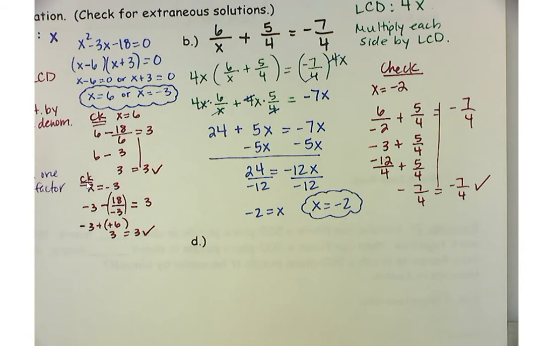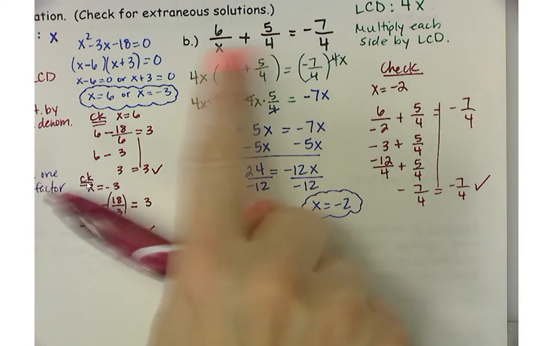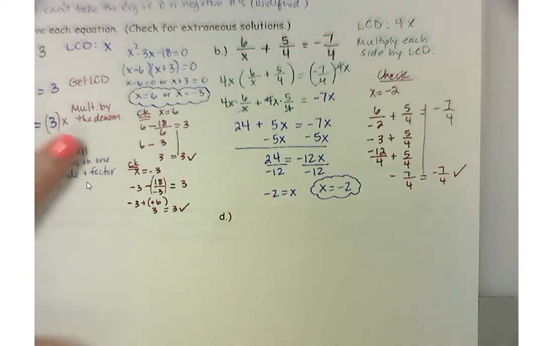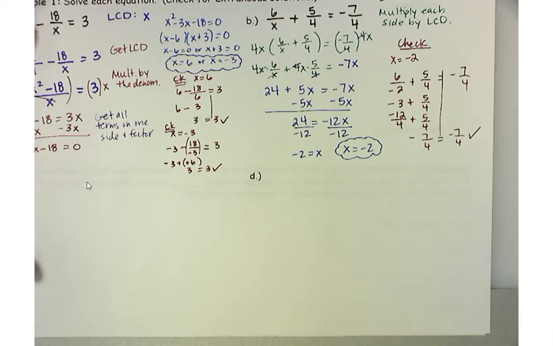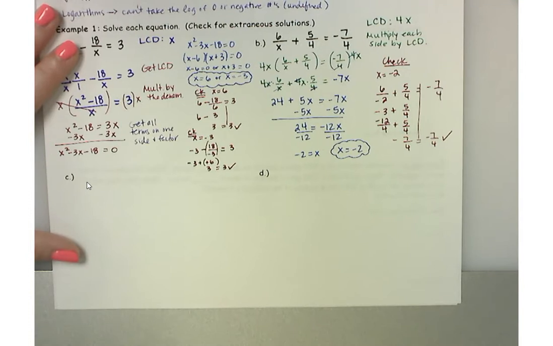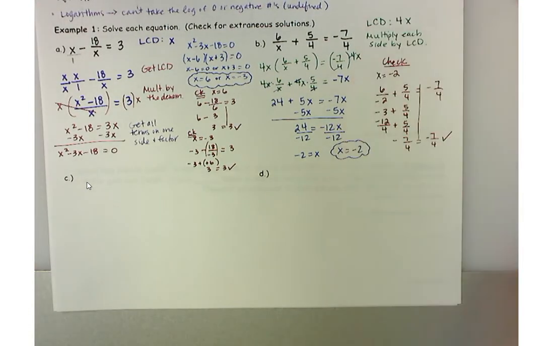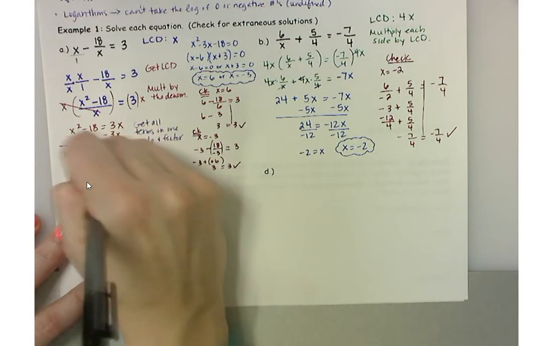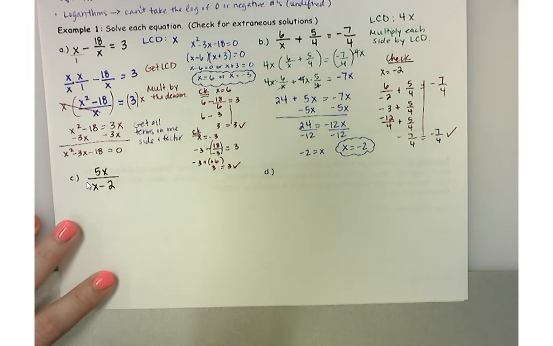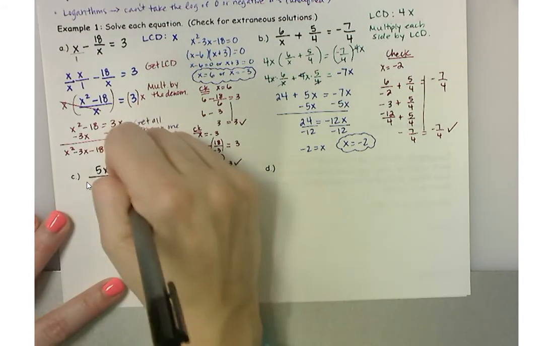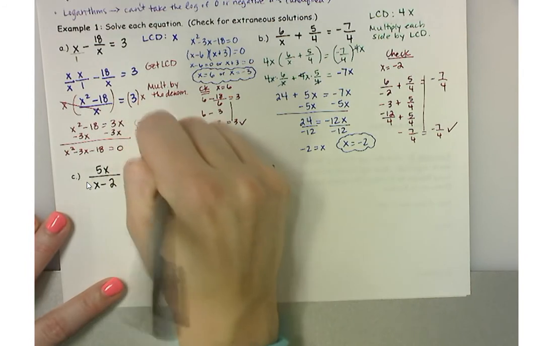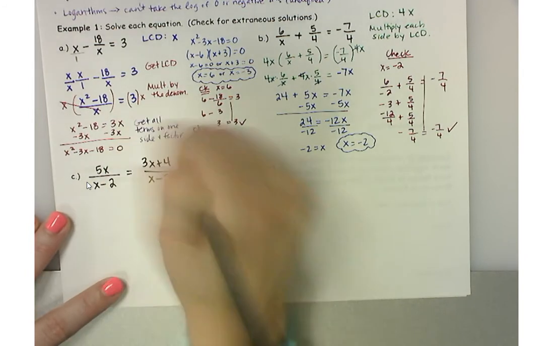Okay, for C, you have 5x over x minus 2 equals 3x plus 4 over x minus 2. Now, notice that both of the denominators are the same. If the denominators are the same, guess what else has to be the same? The top, the numerator.